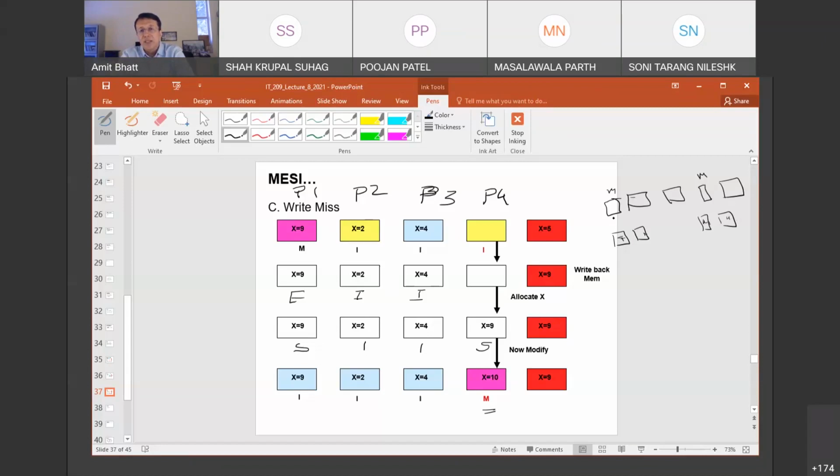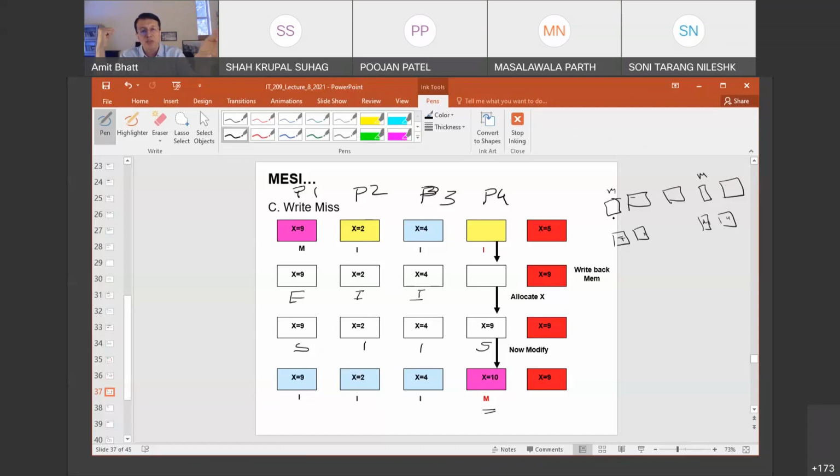First would be a write miss for P4. Then it would say, what do I have to do? Do I have to go to the next lower level? It will contact main memory, but before it does, it would say, okay, don't look for it here, I want to update myself. So in that particular cycle, the value of main memory would be updated with the quote unquote old modified value.